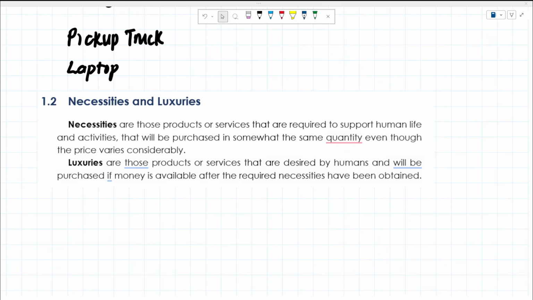When it is used for, let's say, casual gaming or social media, a high spec laptop is a luxury, because what would be considered a necessity is just a basic functioning personal computer. That's your necessity. It is a luxury if it exceeds the minimum specification set by the software.